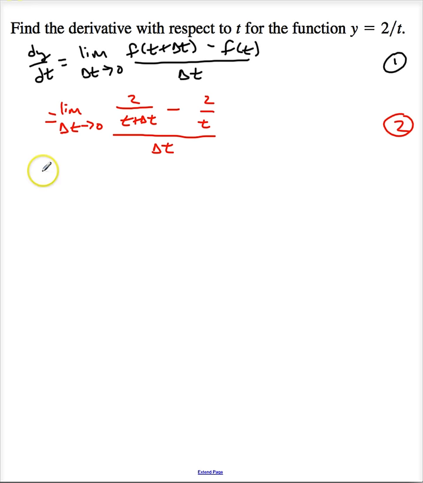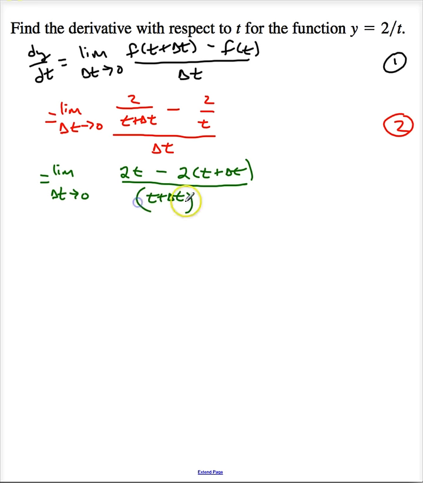And it's not that bad, it really isn't. It's the limit as delta t approaches 0. Let me get a common denominator of my numerator. So this is 2 times t minus 2 times t plus delta t, over t plus delta t times t.